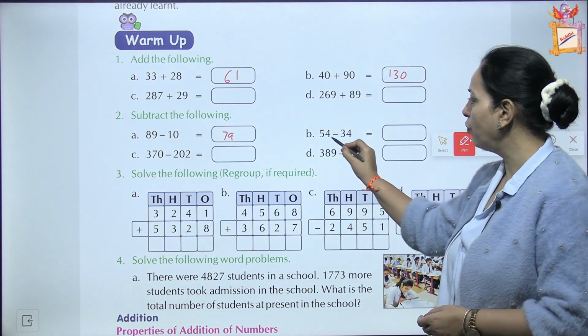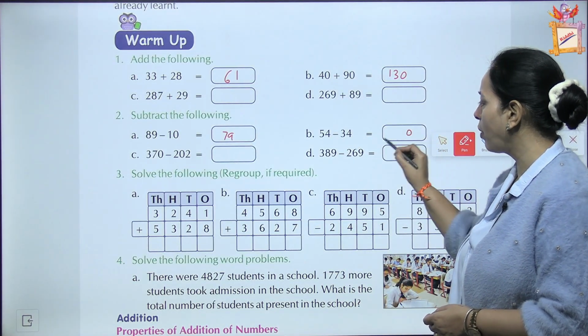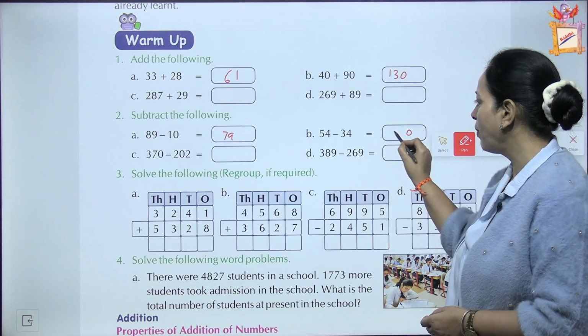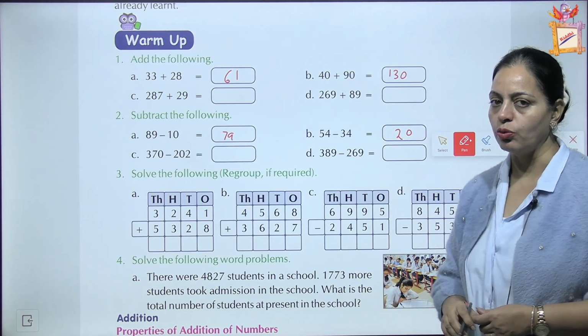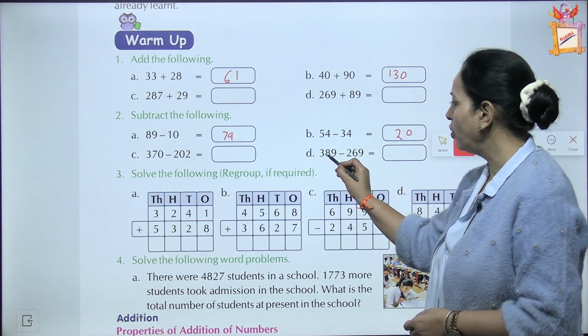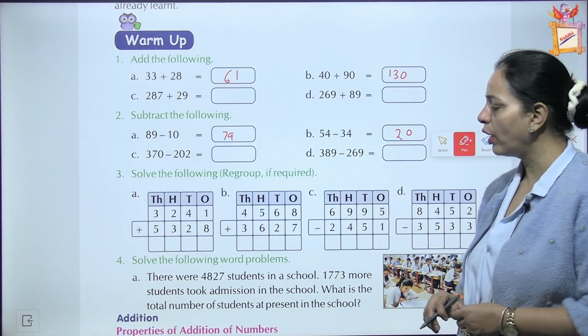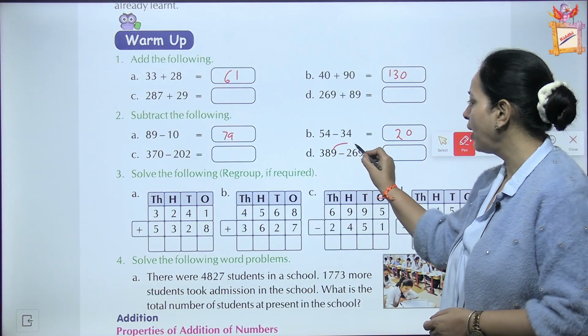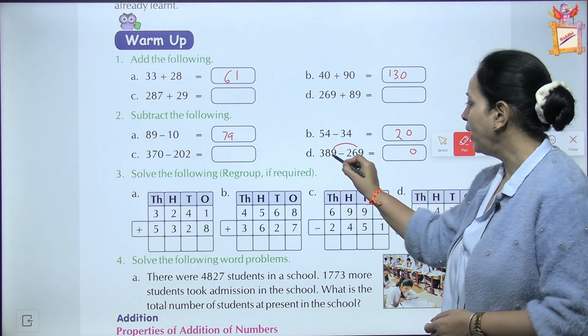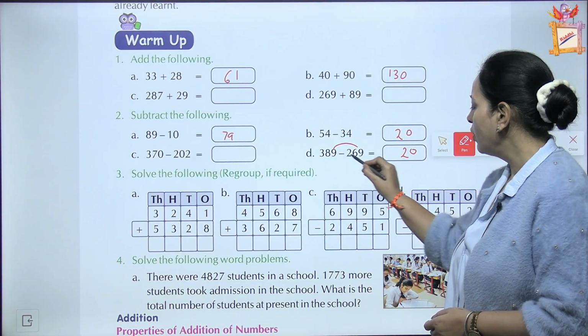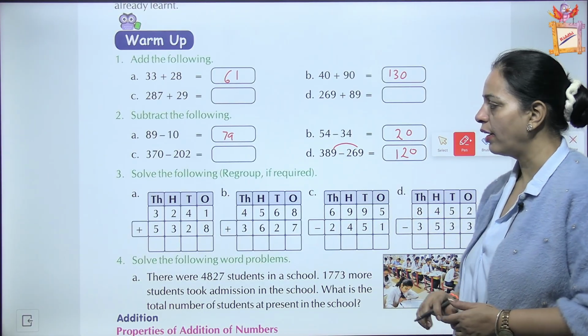Then B part, 54 minus 34: 4 minus 4, 0; 5 minus 3, 2. Okay, like D part, 389 minus 269: 9 minus 9, 0; 8 minus 6, 2; 3 minus 2, 1.